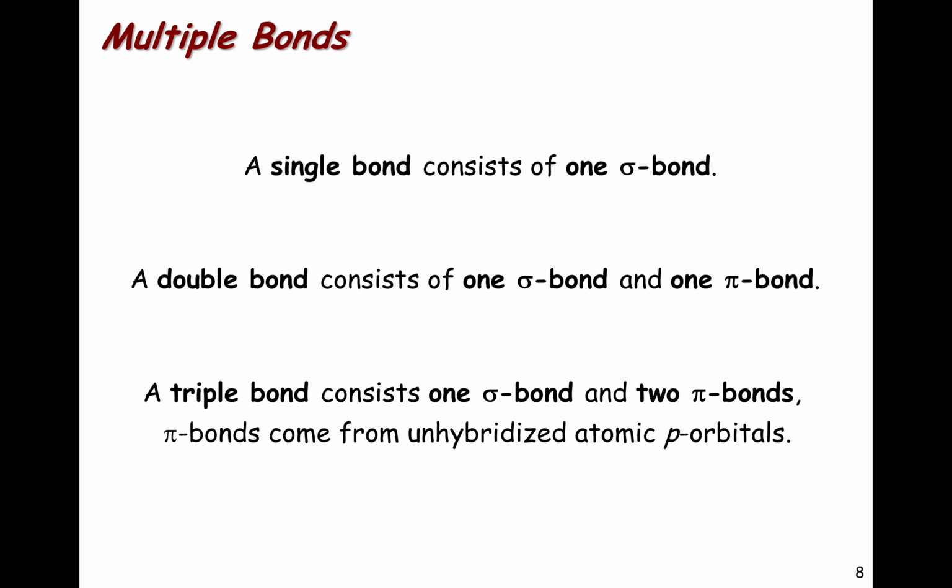If we have a double bond between two atoms, the first of the two bonds will be a direct overlap and referred to as a sigma bond, but the second bond in the double bond will be a sideways overlap or a pi bond. If a molecule contains a triple bond, the triple bond will consist of one sigma bond and two combinations of sideways overlapping pi bonds.